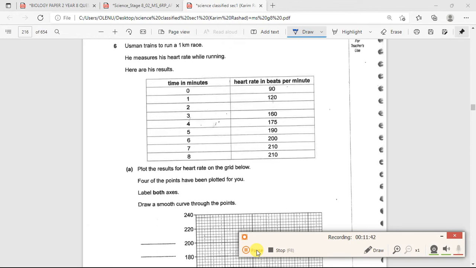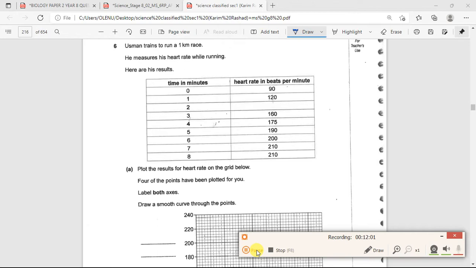He measures his heart rate while running. Now here is his result. The question is, plot the result for heart rate on the grid below. 4 of the points have been plotted for you. Label both axes and draw a smooth curve through the points.